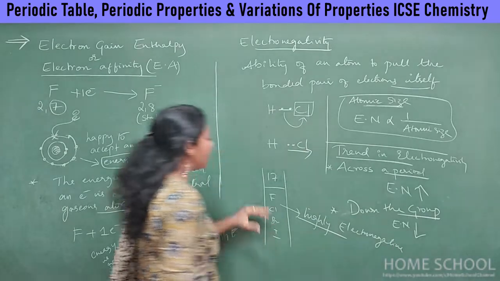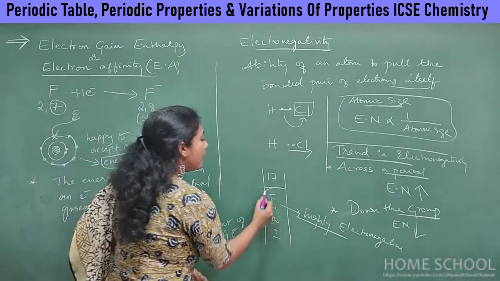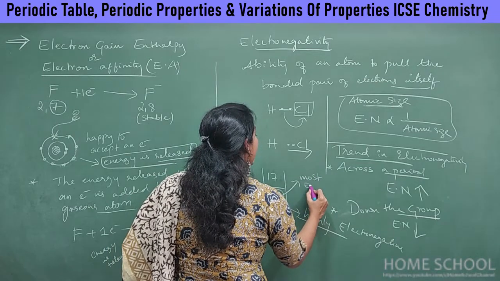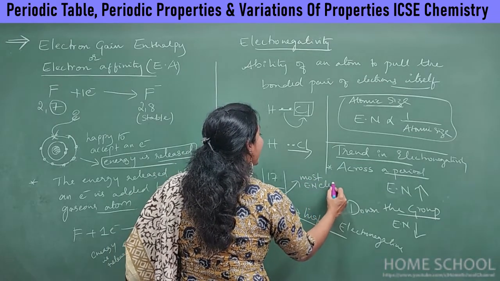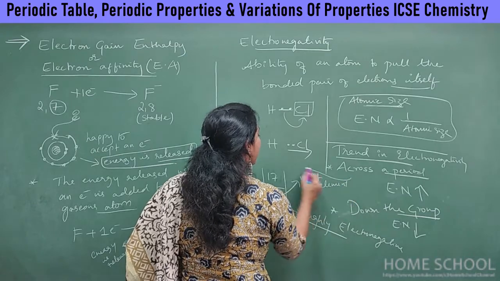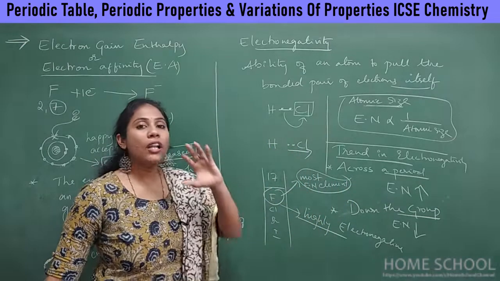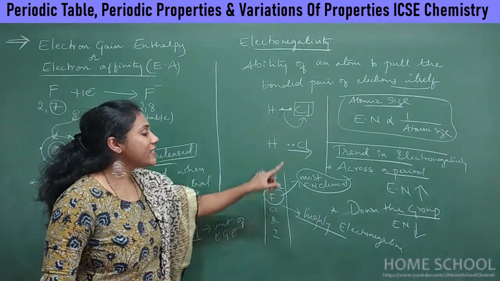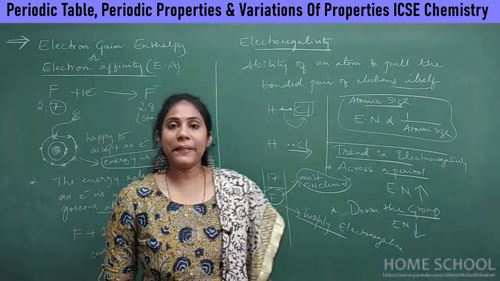Again, among fluorine, chlorine, bromine, iodine, fluorine is the most electronegative element in the entire periodic table. Among all 120 elements in the periodic table, fluorine is the most electronegative element.